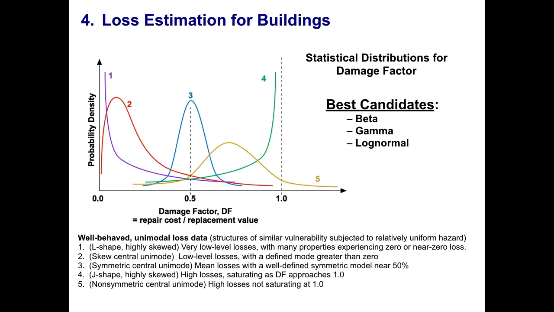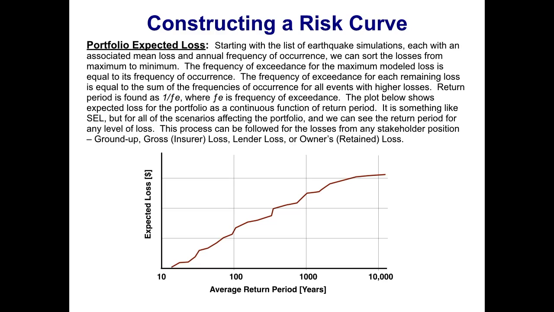So how do we construct a risk curve? Let's start with the simplest, the portfolio expected loss curve. Starting with the list of earthquake simulations in our event set, each with an associated mean portfolio-wide loss and annual frequency of occurrence, we can sort the losses from maximum to minimum. The frequency of exceedance for the maximum loss modeled is equal to its frequency of occurrence.